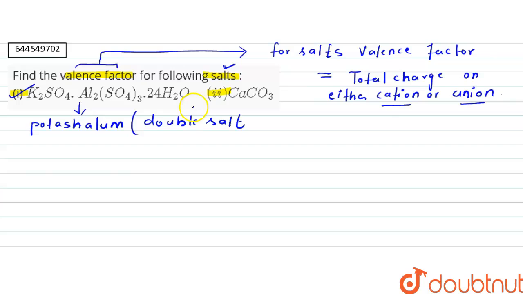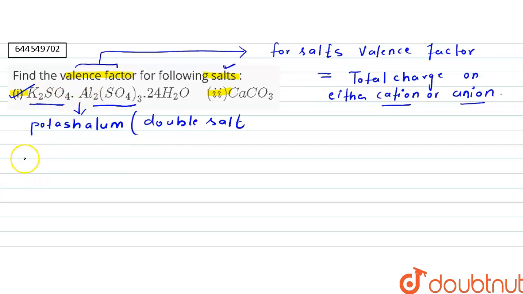It is a double salt because we can see it is made up of potassium sulfate and aluminium sulfate, meaning it is the combination of two salts, so it is known as a double salt. And if we talk about the valence factor for such compounds, then we have to find the valence factor for each salt separately.